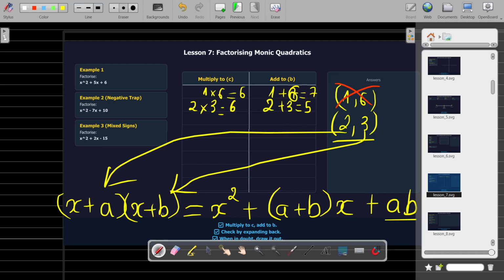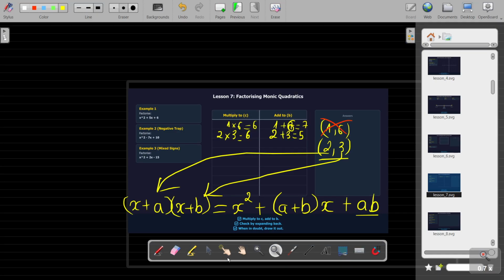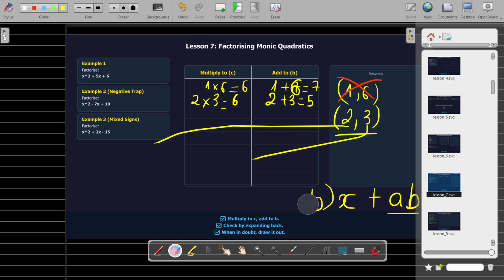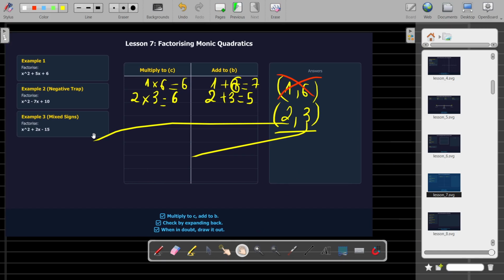Of course, when we do this process, we have to check by expanding back. We know from the last video that x plus 2 times x plus 3 will give us this one right here, so it's a perfect match.